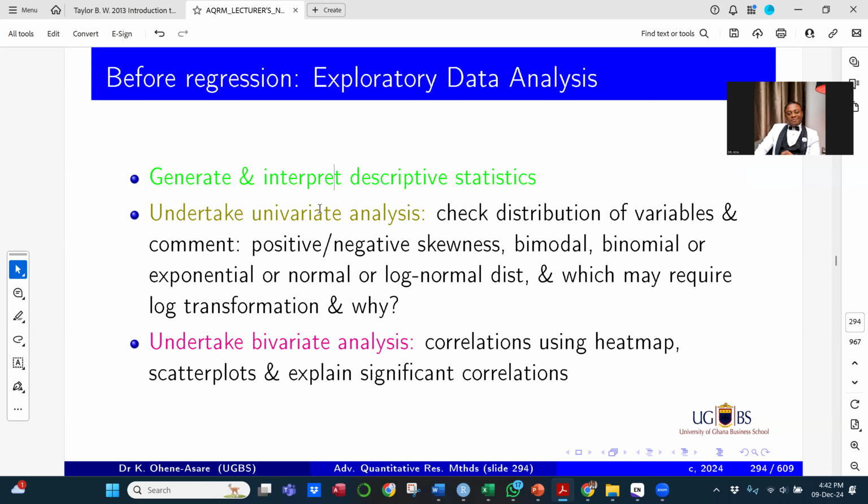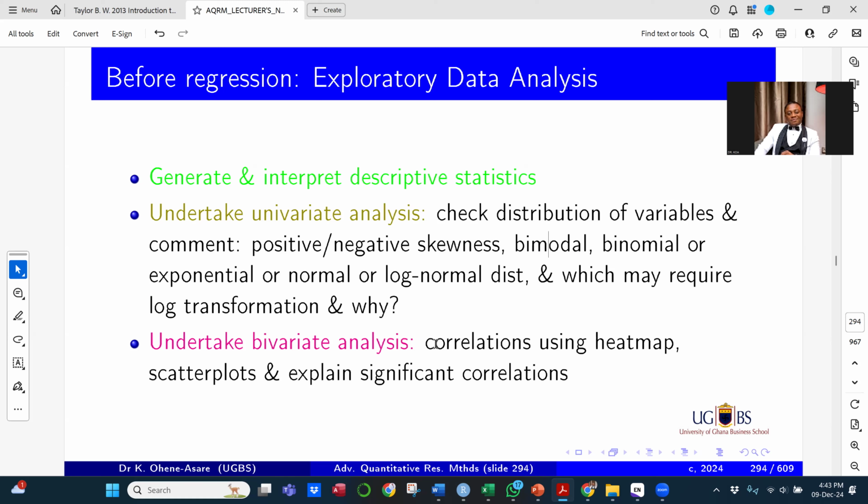You have to generate descriptive statistics and undertake univariate analysis, like checking the distribution of some of the variables. You may have to comment about the skewness of the dependent variable, whether it's bimodal, binomial, exponential, normal, log-normal. You may have to comment about the distribution and the transformation of any of the variables.